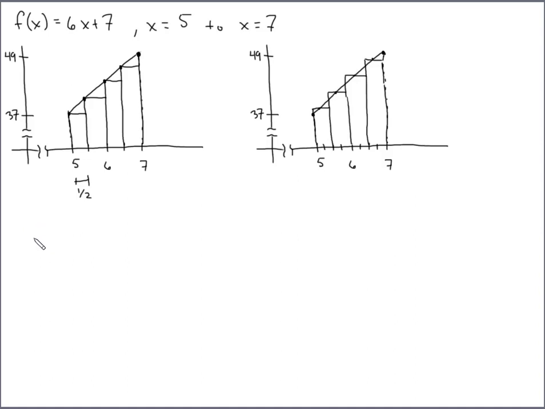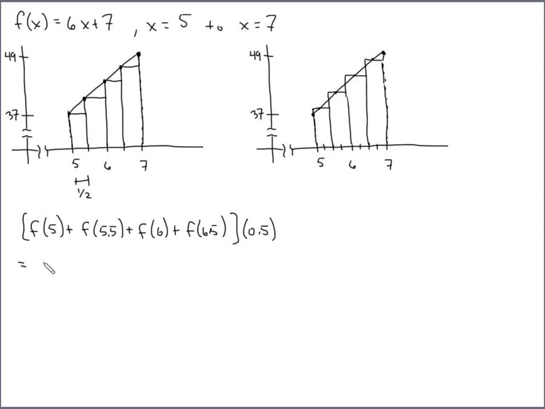With the left endpoint approximation, the first output is at 5, so f of 5, plus the next one at 5.5, so f of 5.5, and then the next one's at 6, and finally 6.5 is the last one. These are the heights of each rectangle, and then we multiply this by the width, which is 1/2. Let's put 0.5. What is f of 5? Whatever we get when we plug in 5 to this function.